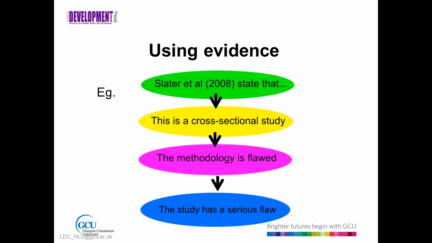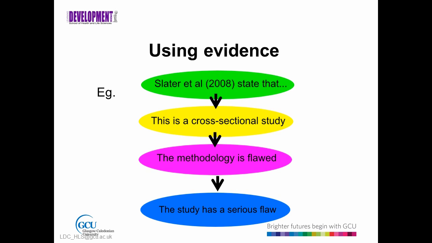So for example, if the aim was to find out the perceptions of service users, but what the person conducting the study actually did was ask the health professionals, you're never going to match that up. You'll be able to explain that yourself, that these two things don't match up. But if we're talking about methodology, design, sample size, that kind of thing, we're going to need to appeal to an expert.